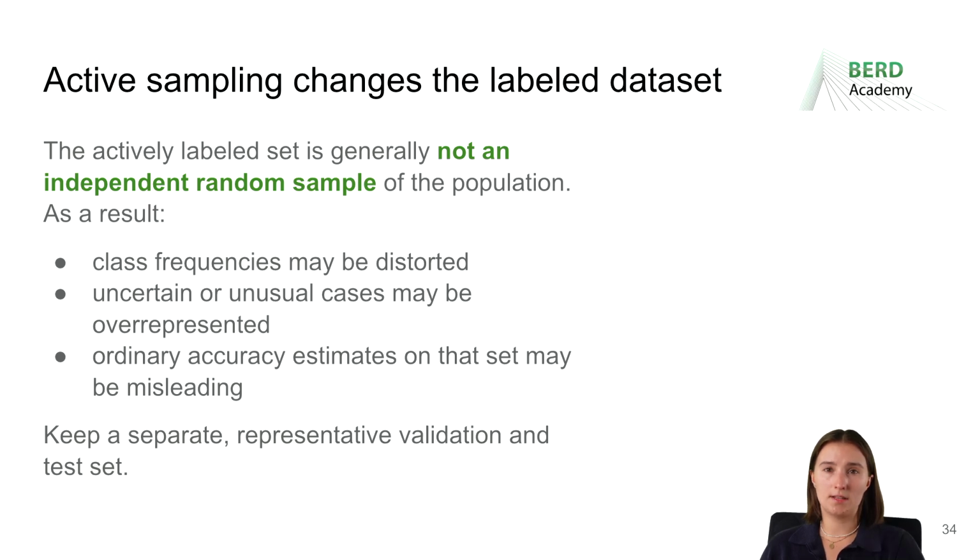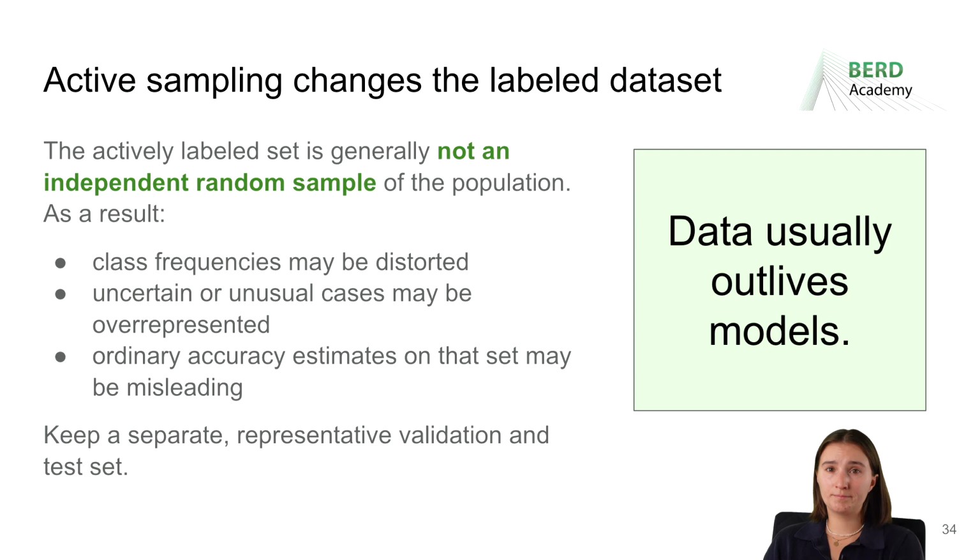That's why it is suggested to keep a separate representative validation and test set. So basically, in the very beginning, when you randomly sample and annotate your data, you randomly sample and annotate even more, and this random sample should be used as validation and test set, and you just improve the training based on this active learning pipeline.